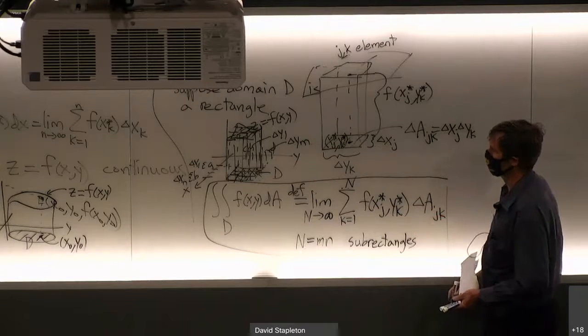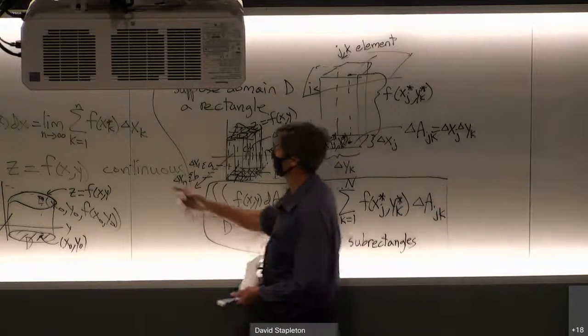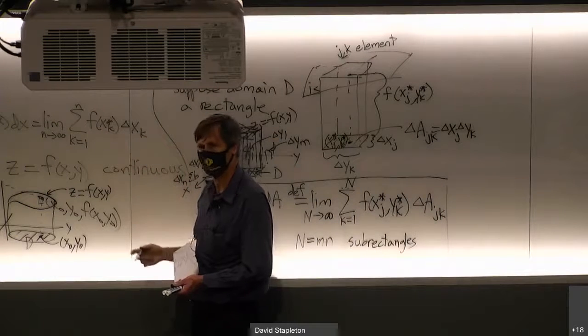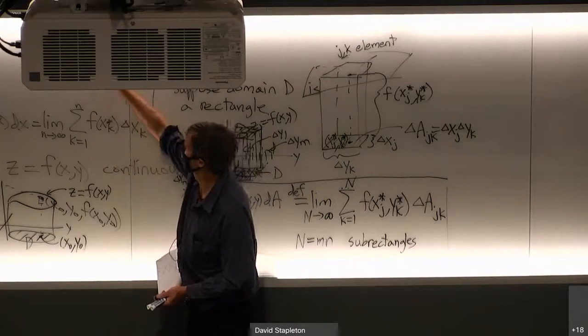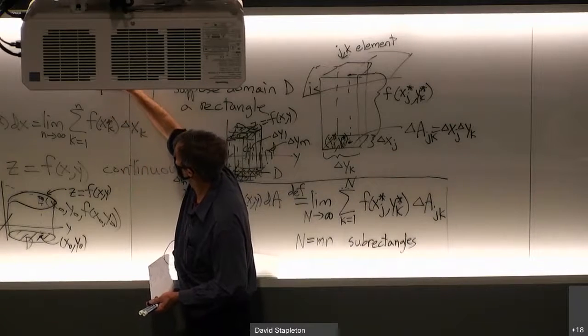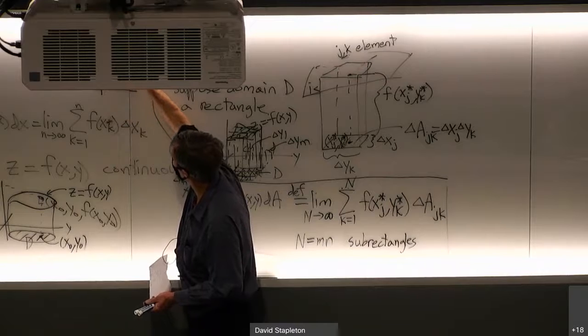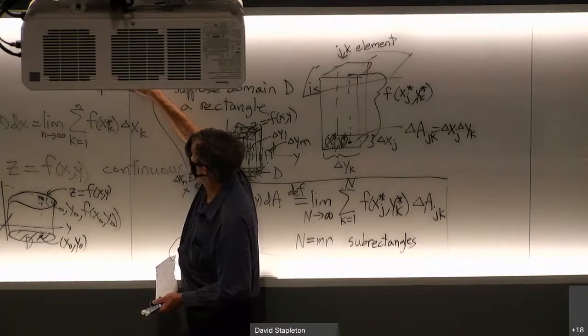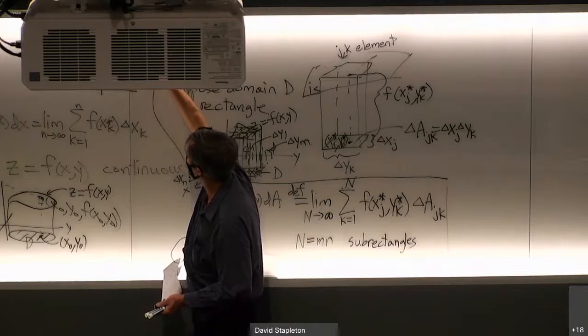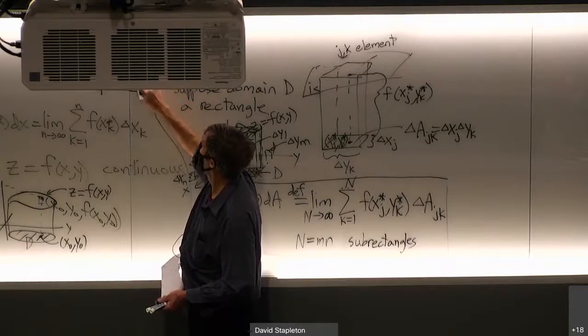Just like in calculus 1, you remember some other curves for which this gave the same number no matter how you partitioned it? There were other curves too. For instance, piecewise continuous curves, right? Where it was a finite number of pieces, each of which was continuous and didn't go to infinity on the interval. So if you had just a finite number of points at which there's a jump discontinuity, including possibly maybe it's just a hole, like that.